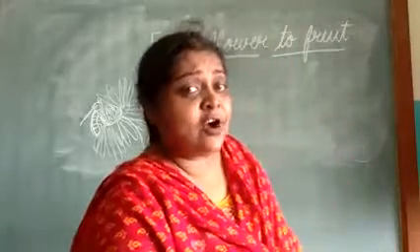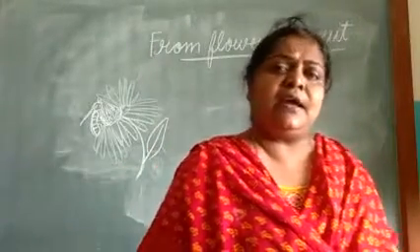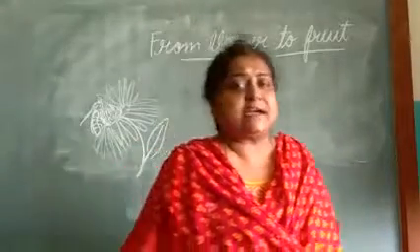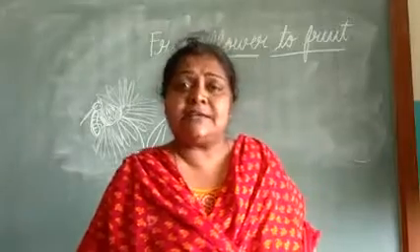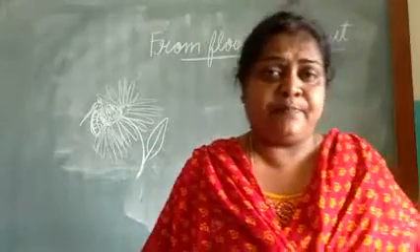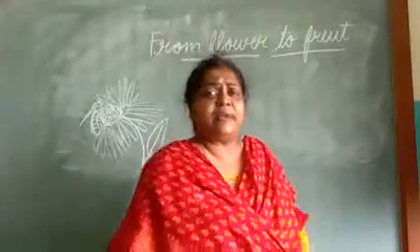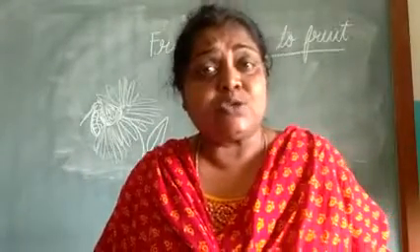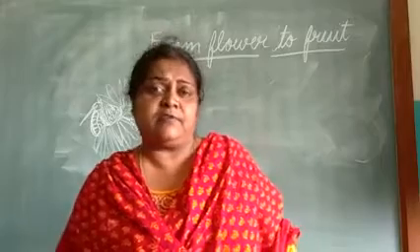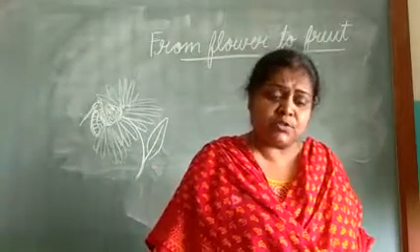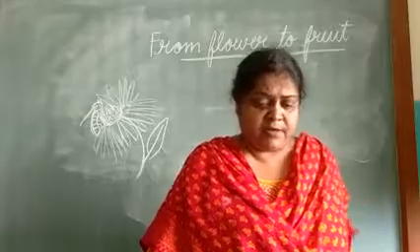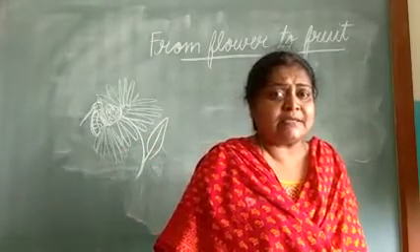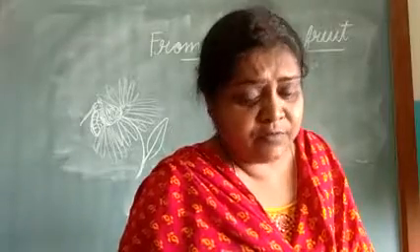If there are beautiful, colorful flowers in your house or garden, insects sit on them. Why? Because insects collect sweet juice from that flower. Understood? And what is that known as? That we call nectar.